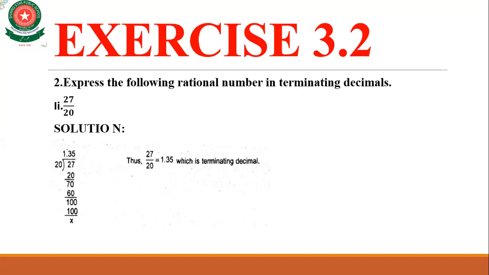Again, we will subtract 60 from 70 and the answer will be 10. Now again we will put 0 with 10 to make it 100. Then we will multiply 20 with 5 to get 100. Now we know that 27 by 20 is equal to 1.35, which is a terminating decimal.